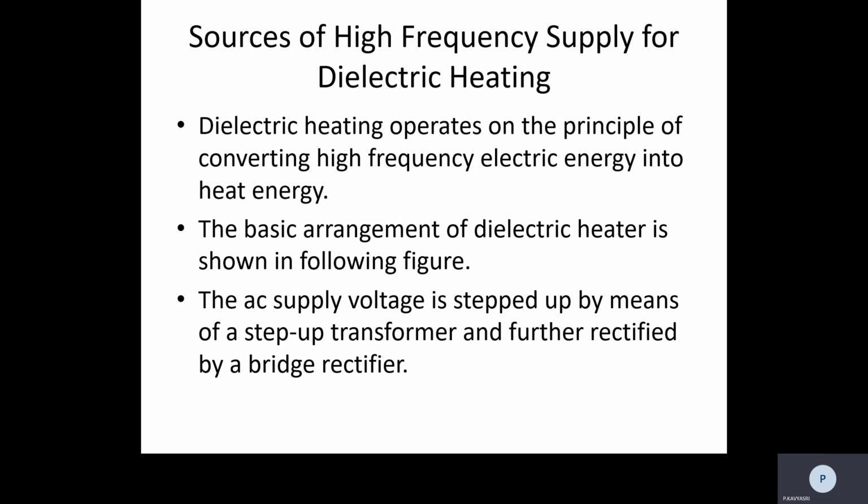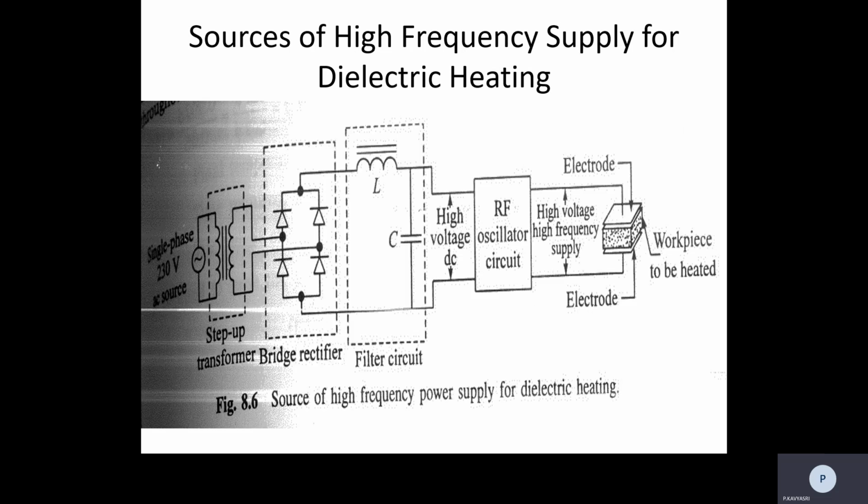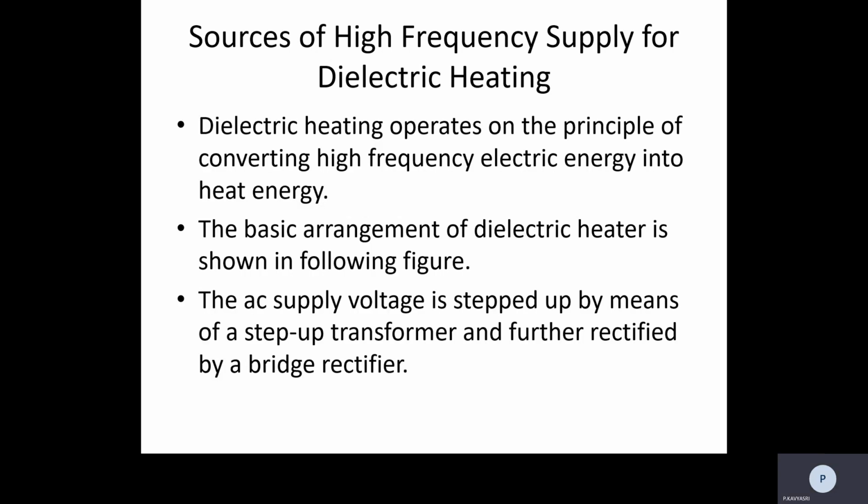Dielectric heating operates on the principle of converting high frequency electric energy into heat energy. The basic arrangement of a dielectric heater is shown in the following figure. The AC supply voltage is stepped up by a step-up transformer and further rectified by a bridge rectifier.